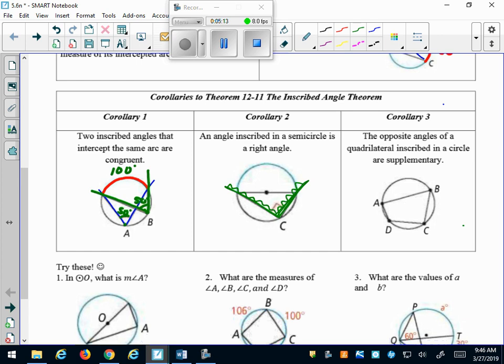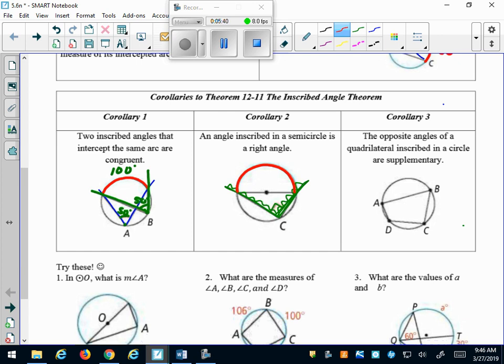If he opens his mouth 90 degrees, how many degrees is the arc that he can eat? 180, right? So this is just saying that if there's an inscribed angle of a semicircle, then that inscribed angle has to be 90 degrees because it's half of 180. Again, same concept, just something to notice.